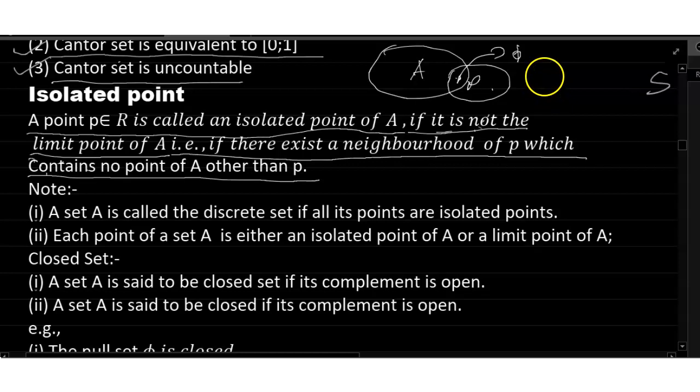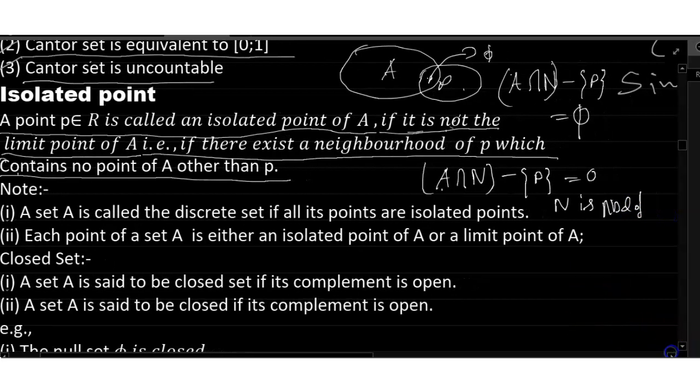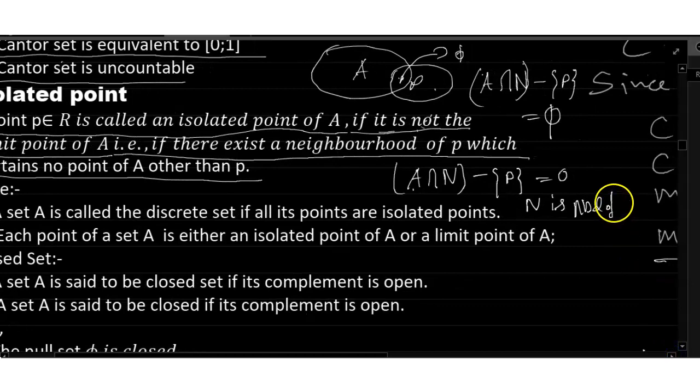So we can write this way: A intersection (N minus {P}) equals phi, where N is a neighborhood of P.